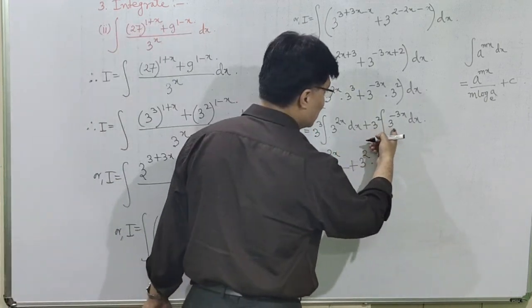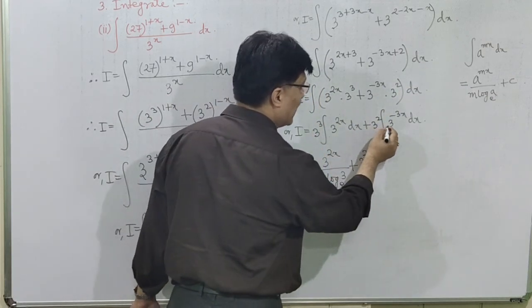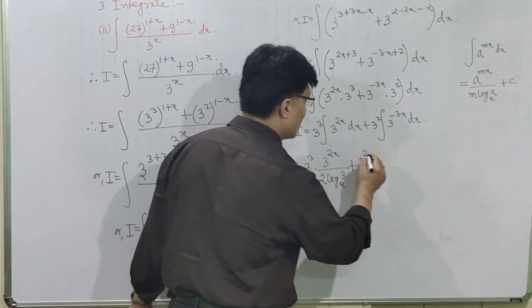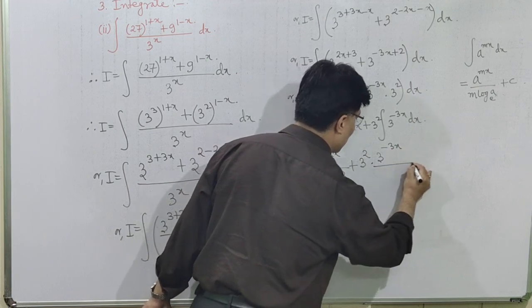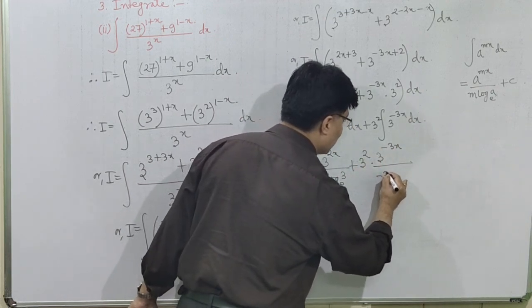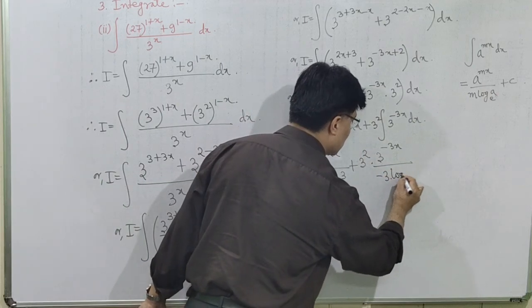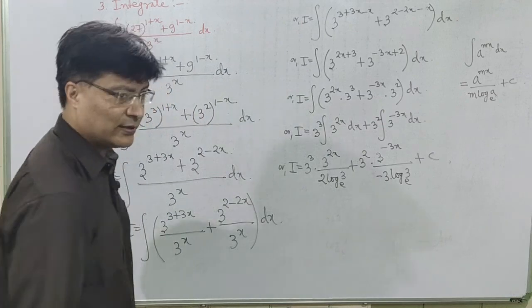So you can compare this function with that formula a to the power mx. Here a is 3 and m is minus 3. So what is a to the power mx here? 3 to the power minus 3x divided by, what is m here? m is minus 3 into, what is log a base e? It is log 3 base e. Then you can write plus c there.